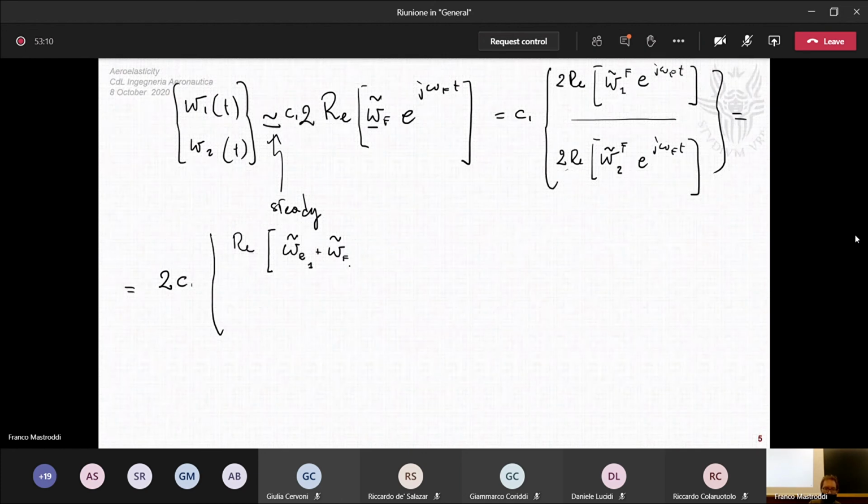This is R for real and I for imaginary, and this is a j. So I'm talking about the first component of the critical eigenvector as decomposed in a real part and an imaginary part. We can do the same for this exponential. This exponential can be decomposed in a real part, which is the cosine of omega flutter t, and j times the sine of omega flutter t.